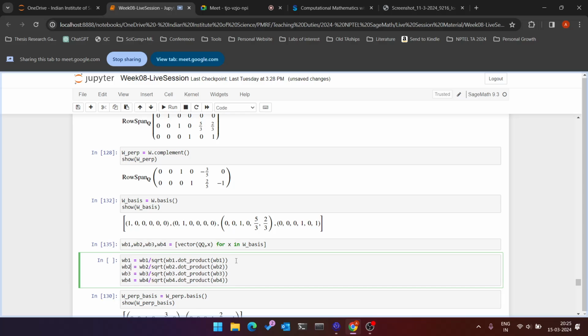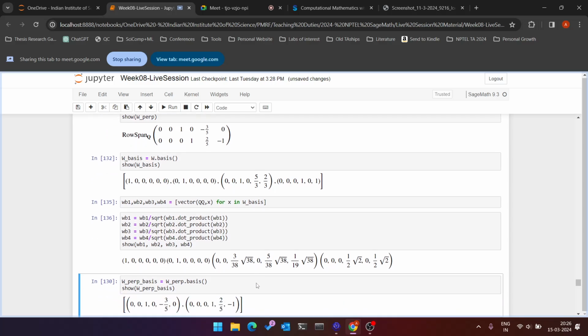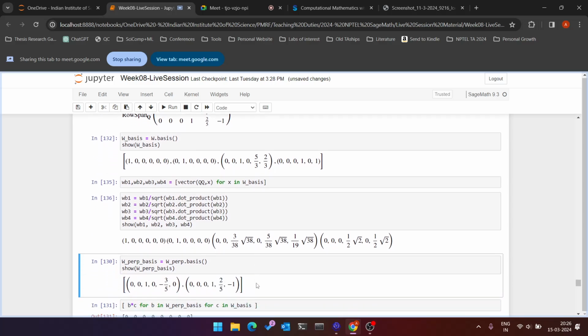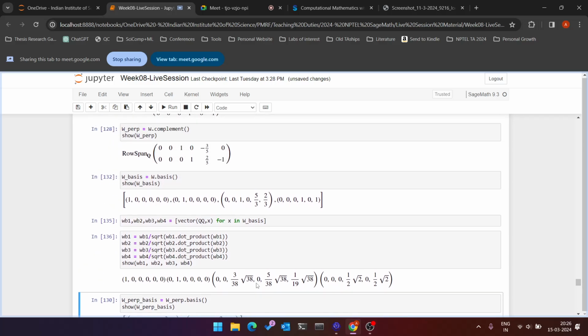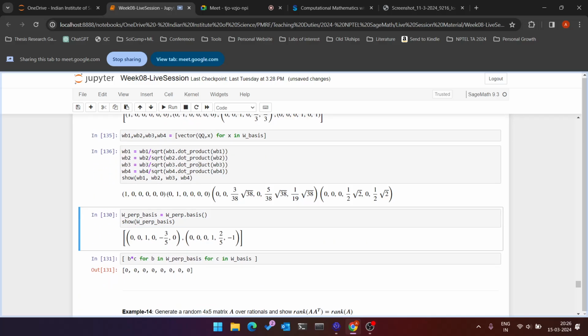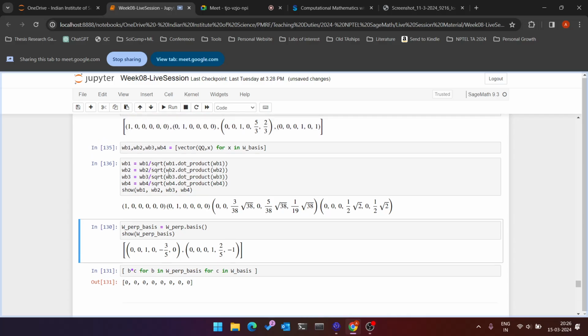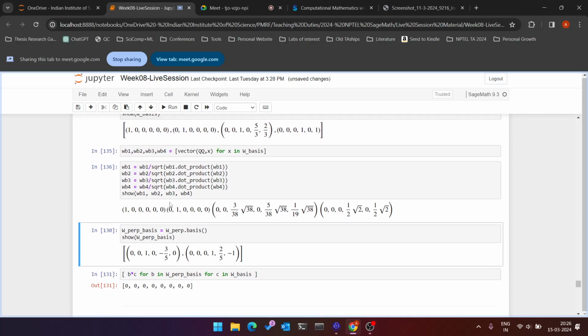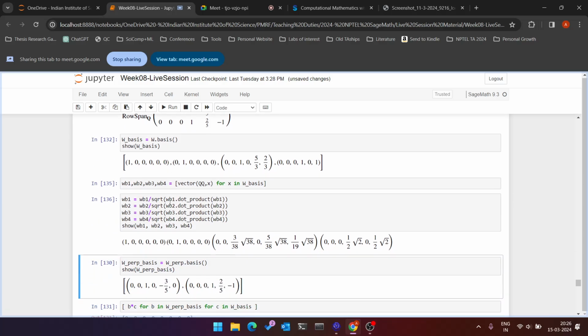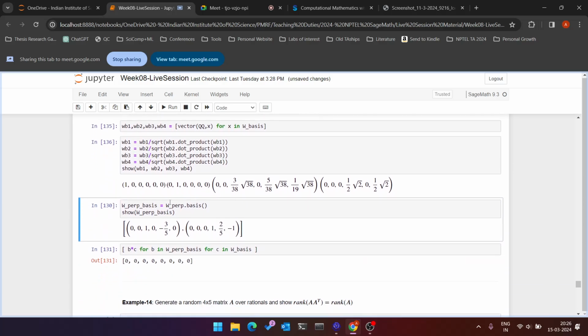So it should not affect WB1 and WB2, but because I'm doing it anyways, I'm just writing out the whole thing. So this is how the orthonormal basis would look like, and the same process I can just repeat for the perpendicular basis to obtain an orthonormal basis for that itself.